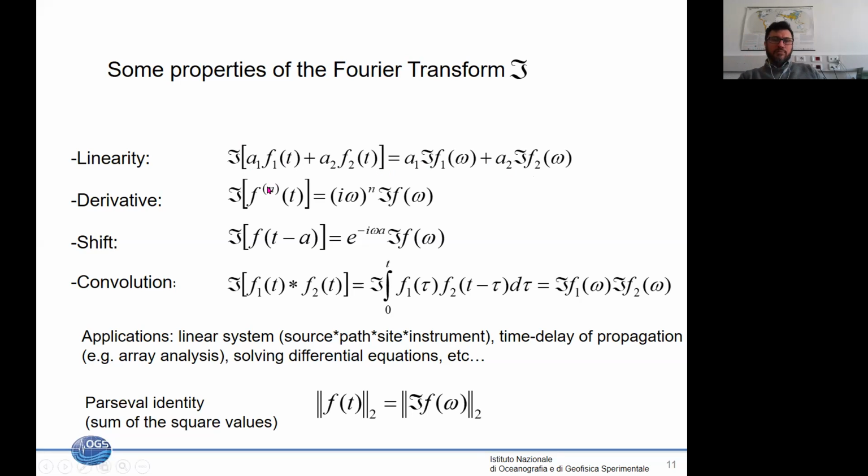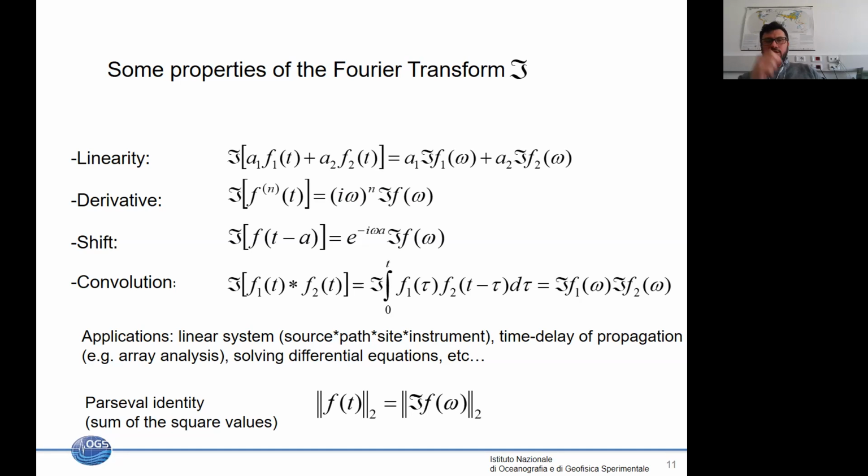Then there is another important property: the Fourier transform of the derivative of the signal can be calculated just by taking the Fourier transform of the original signal and multiplying it by i omega. When we use this property, just imagine, for example, that our sensors are measuring the velocity of the ground. It's just a seismometer. So I get velocity, but one of you who is an engineer may be more interested in acceleration.